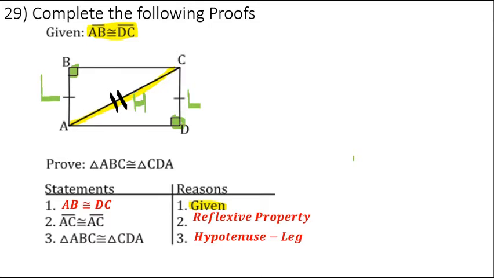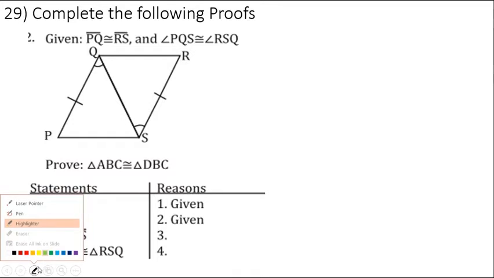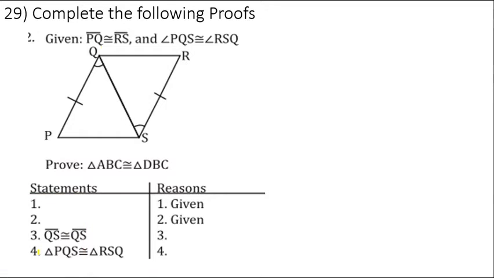Okay, number 30. Right, 29, the second part. So again here, look at what's given to you. They tell you that PQ and RS are congruent to each other. So that's what's given to you, and that's what you write down first. They also tell you that these two angles, PQS and RSQ, are congruent to each other.